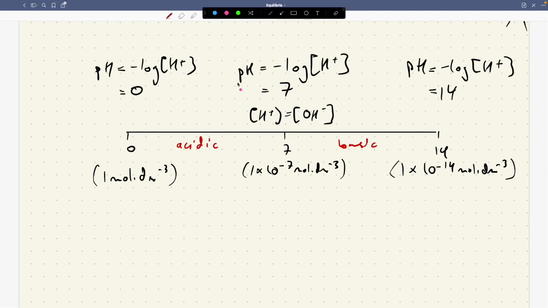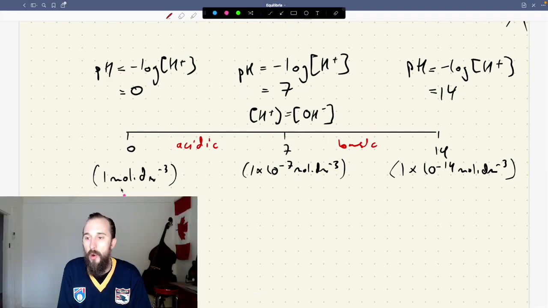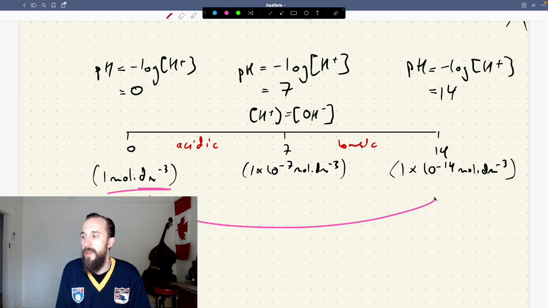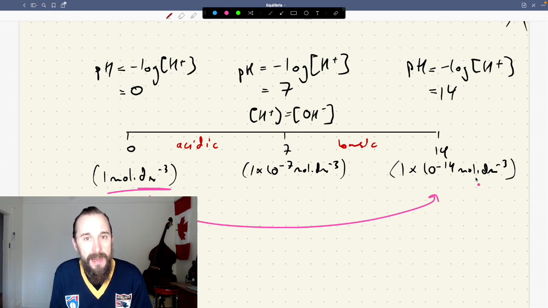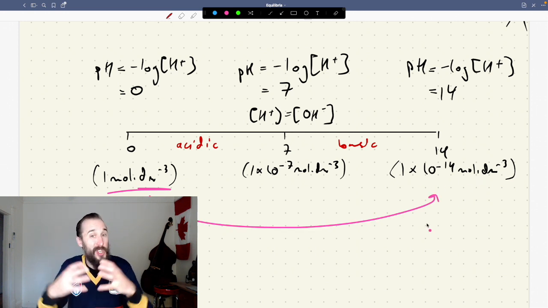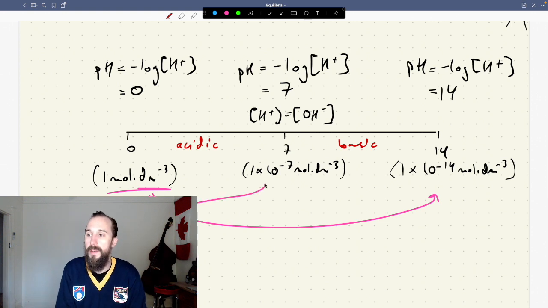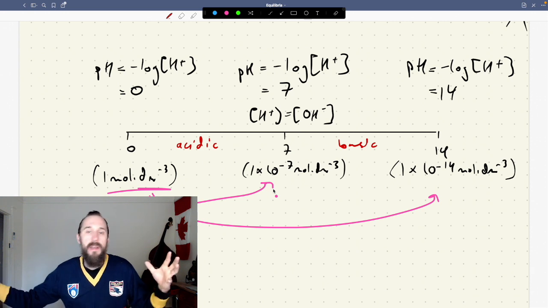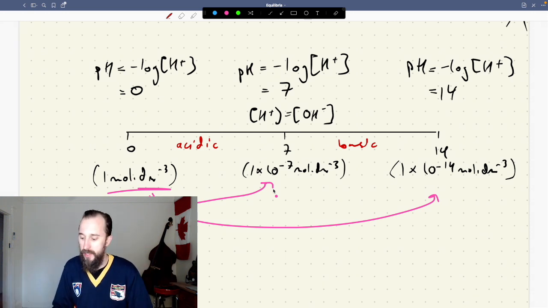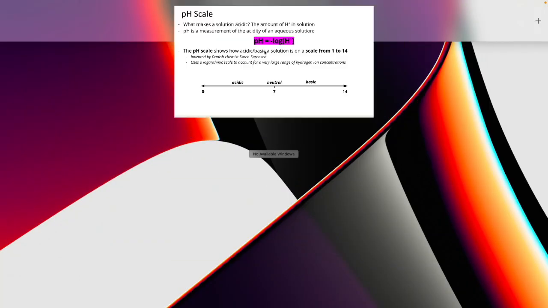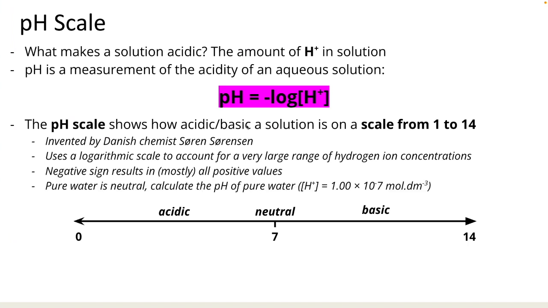So, let's consider going from a 1 mole per decimeter cubed solution to a 1 times 10 to the minus 14 moles per decimeter cubed solution. That's a huge range, even just going from 1 to neutral. That's a really big range. So our logarithms, that power of 10 conversion, allows us to squish it all together and have a nice, usable, relatable scale.